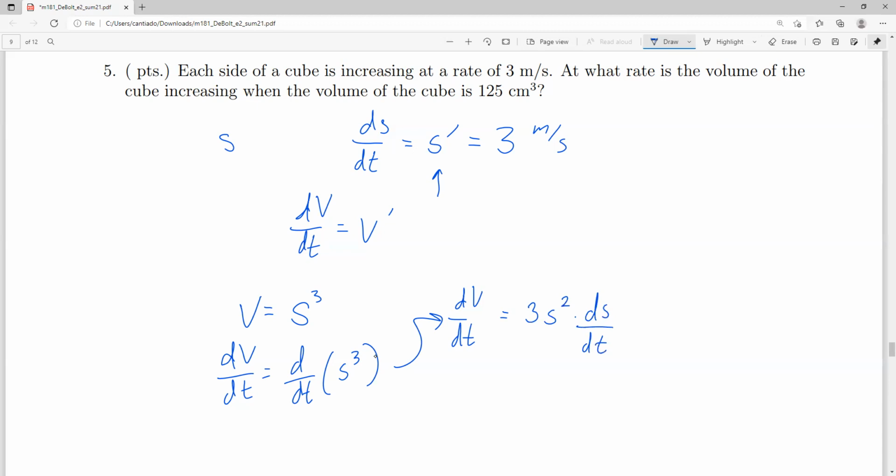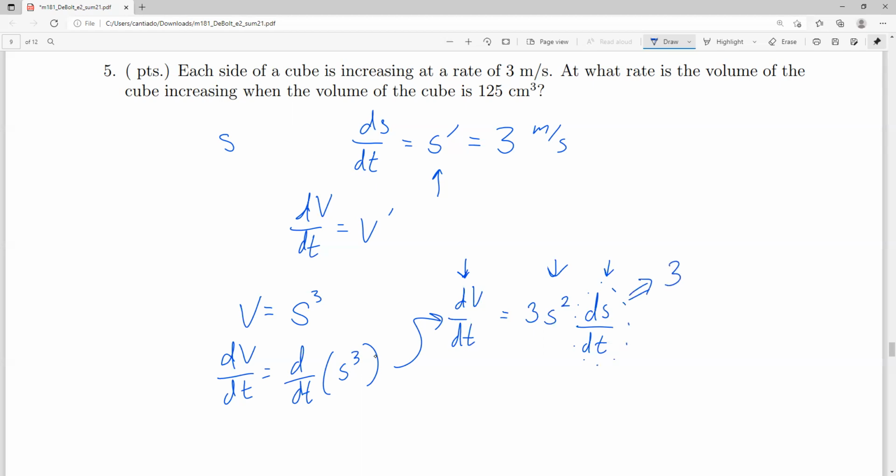And what do we know here? We're trying to solve for the change in volume, and we're going to need the side and also the rate of change for the side. We know that this part, ds over dt, is equal to 3, because that's the given. What is s squared?